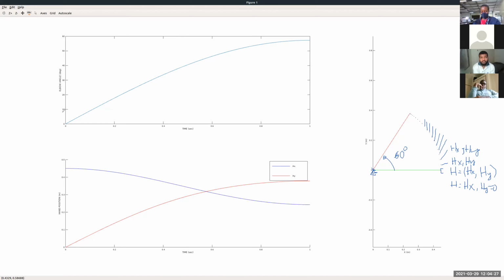The angle goes from 0 to, it's not 60, it's 58. Oh, I don't know why it's not 60. Anyway, so the elbow angle goes from 0 to, let's just say 58, yeah?